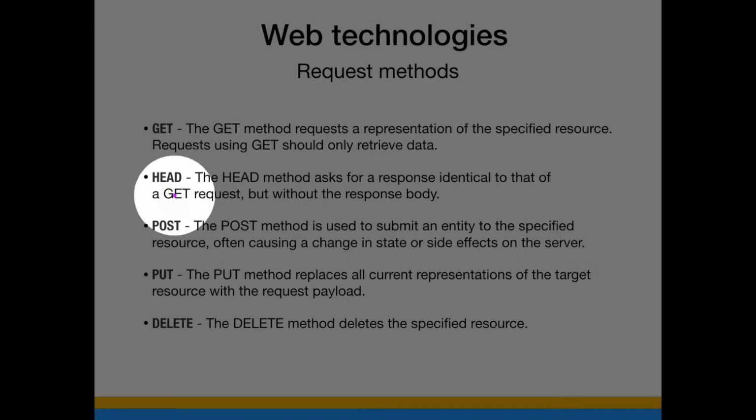It's just a small type of request. But in reality, for read, create, update, and delete, you use get, post, put, and delete. Get being the read, post being the create, put would be the update, and the delete would essentially be delete.